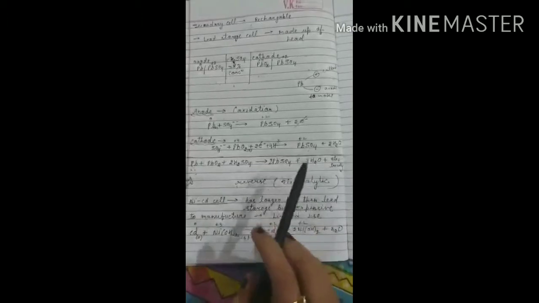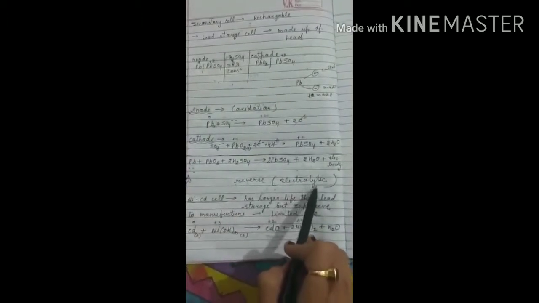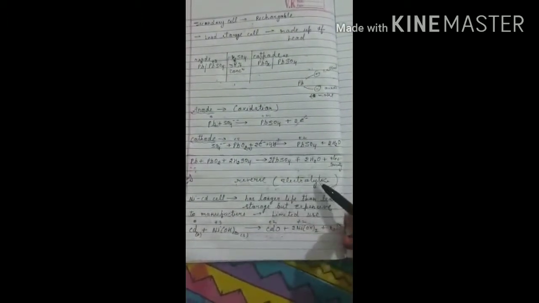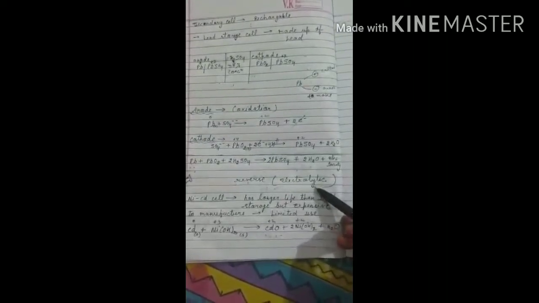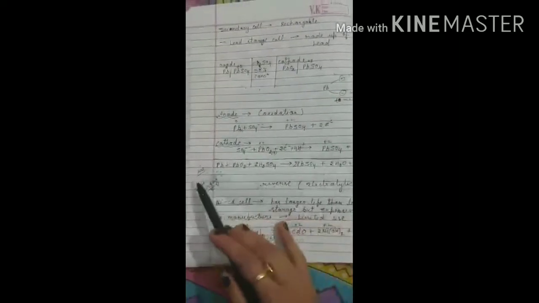At that time it acts as an electrolytic cell. I am making it clear: in an electrolytic cell electricity is used. In the lead storage battery electricity was earlier being produced, but when the reaction reverses during charging, it acts as an electrolytic cell.